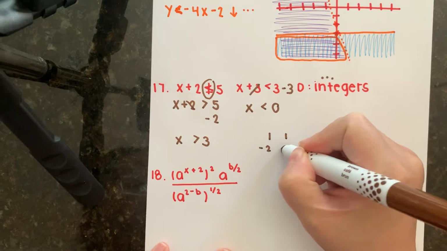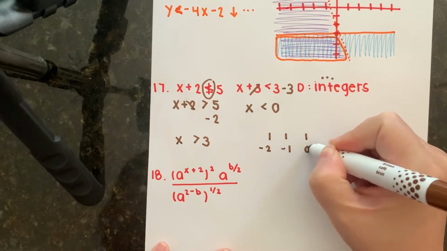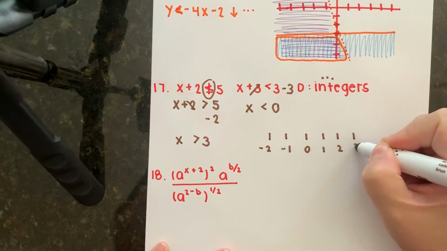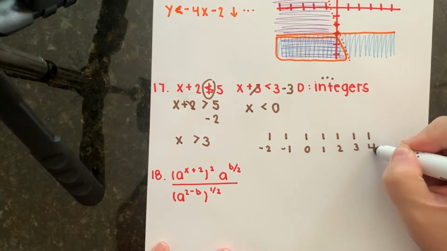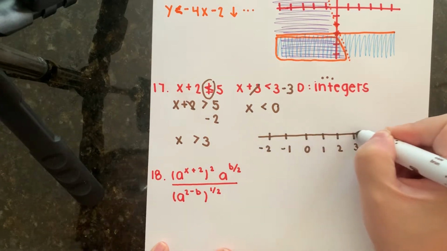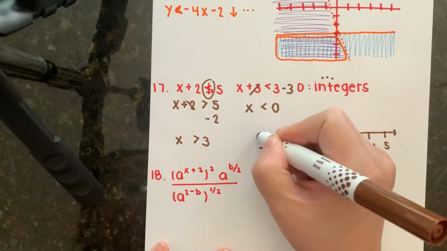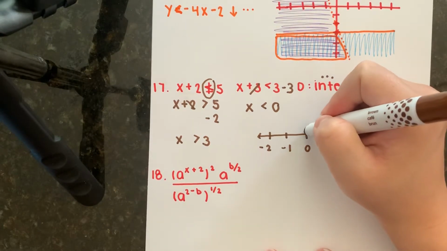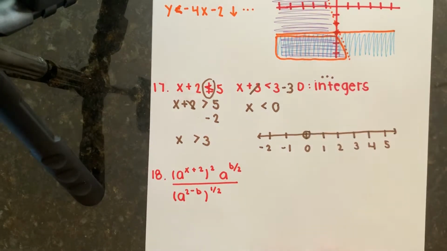Now I'm going to create my number line. Now for 0, my dot is going to be open on 0 because it's not going to be equal to 0.